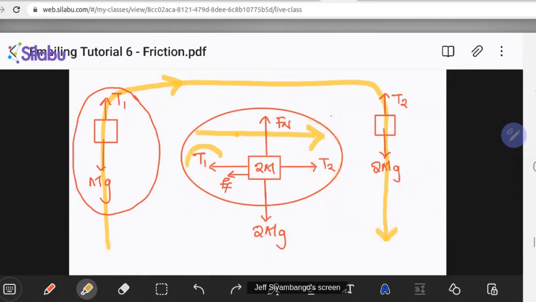T1, on the other hand, was in the opposite direction, so it was negative. Picture T2 for block 2 now. Observe that T2 for block 2 is in the opposite direction to my yellow line. For block 3, the yellow line is going down, meaning that anything that goes up will have to be negative.